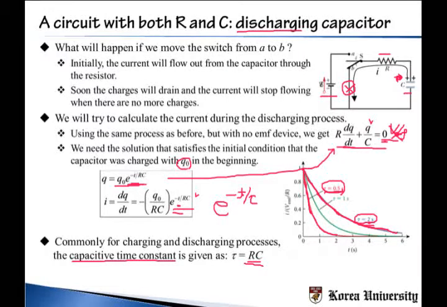Okay. Alright, so these two processes, charging and discharging, are very important properties you have to understand when you have capacitors. And it will also be very important later when we are trying to learn alternating current, which is the current changing as a function of time. Okay.